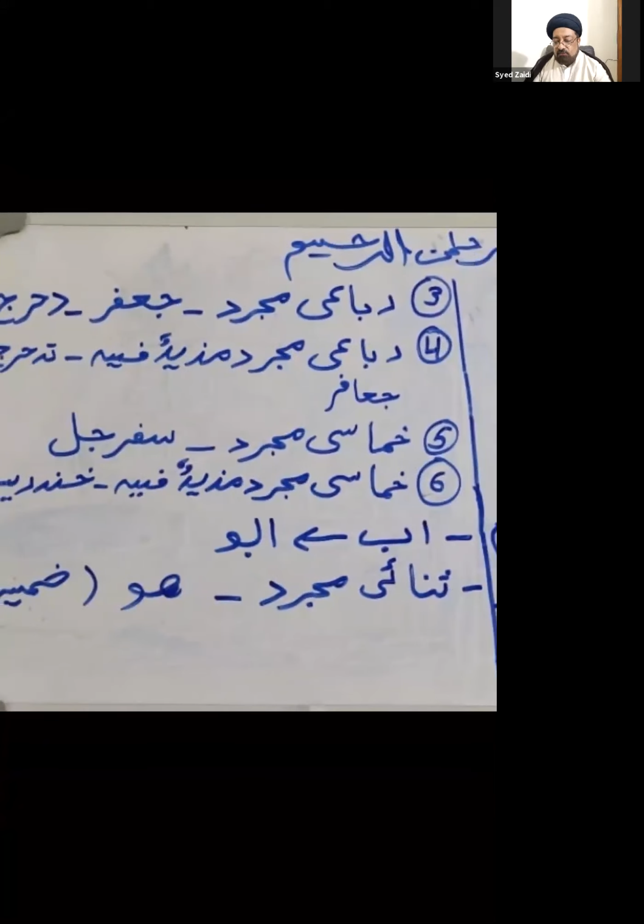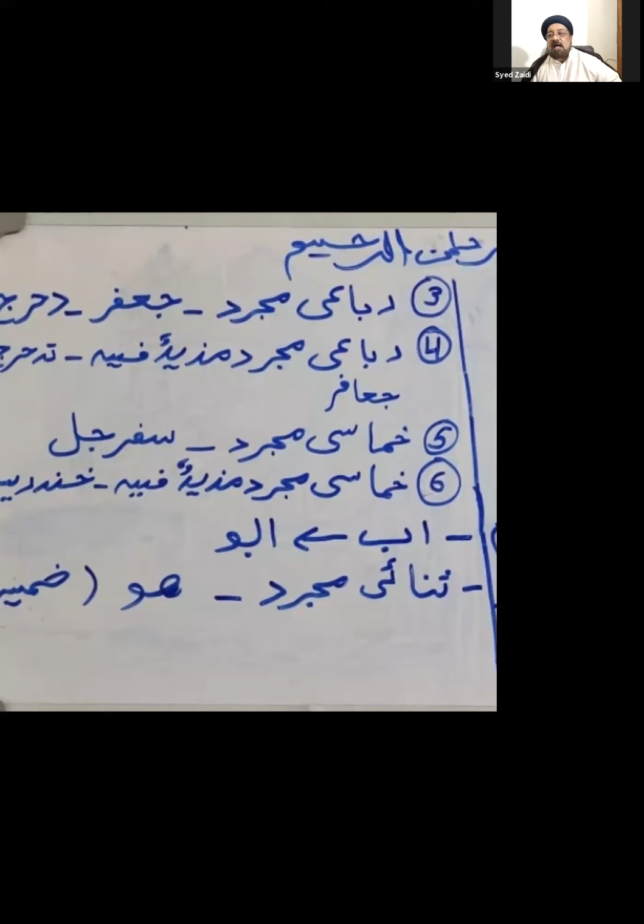Now, we've come towards the end of the session. Sometimes, very few times, we find that there are 2-letter words as well. For example, ab. Now, this ab was originally abawa, but that waw was taken off from that word and it became ab.